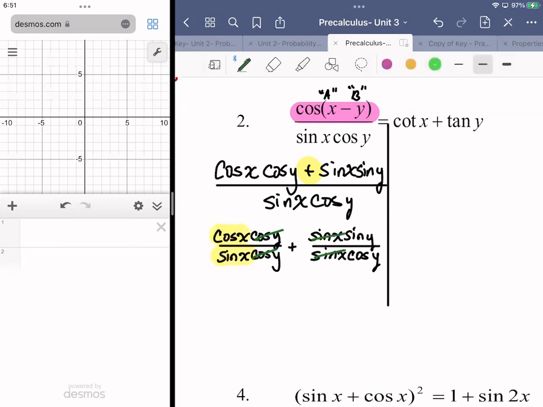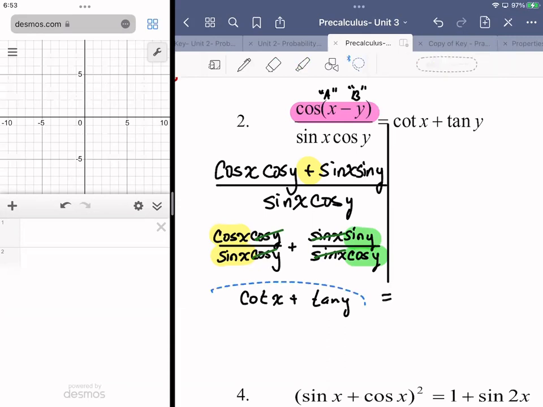Cosine of x divided by sine of x is equal to cotangent of x. Sine of y divided by cosine of y is equal to tangent of y. And so that's my proof, because that's what's on the right hand side.